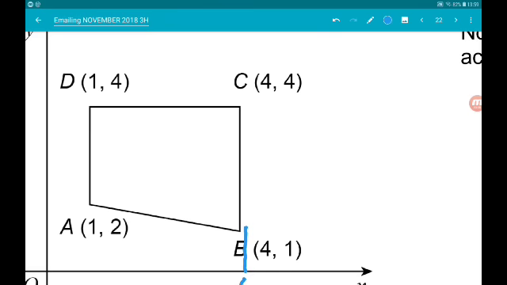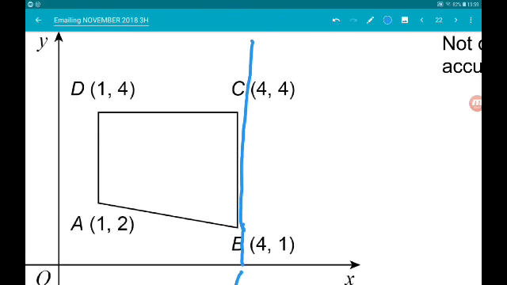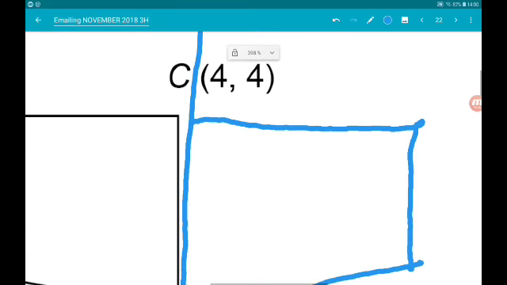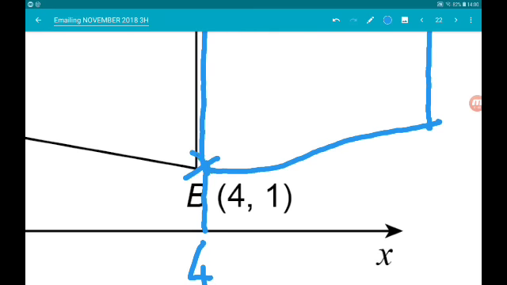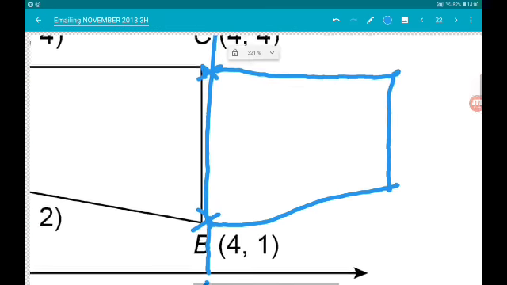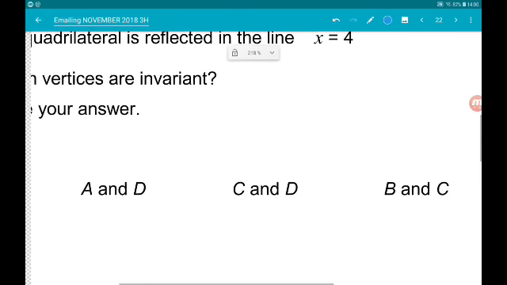It's everywhere, straight up, from the point x equals 4. So when we reflect the shape, it's going to move over there. So we can see these 2 points, if I drew the line properly, are still exactly where they were. So the invariant points are B and C.